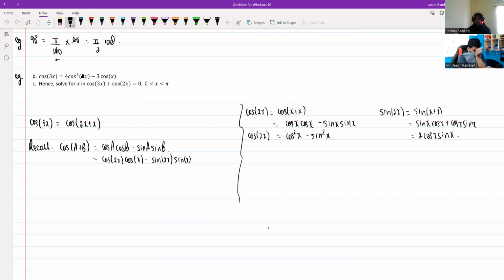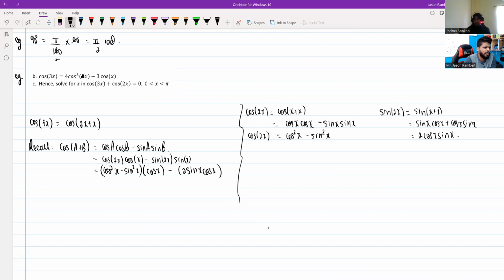So let me start to substitute some stuff inside of here now. Cosine 2x, as stated, is cos squared x minus sine squared x. And this was multiplied by cosine of x, minus sine 2x, which was 2 sine x cos x.